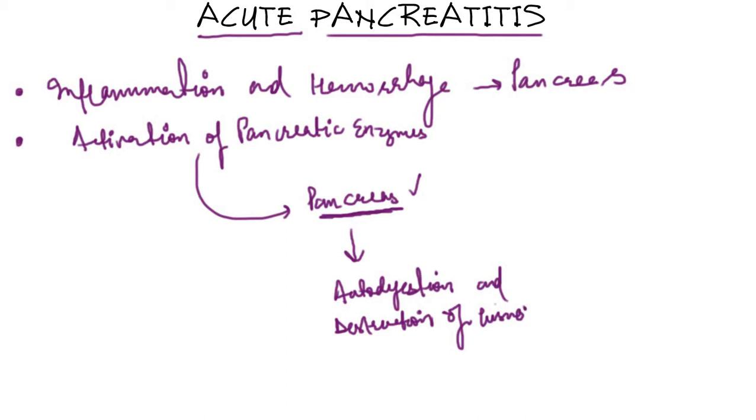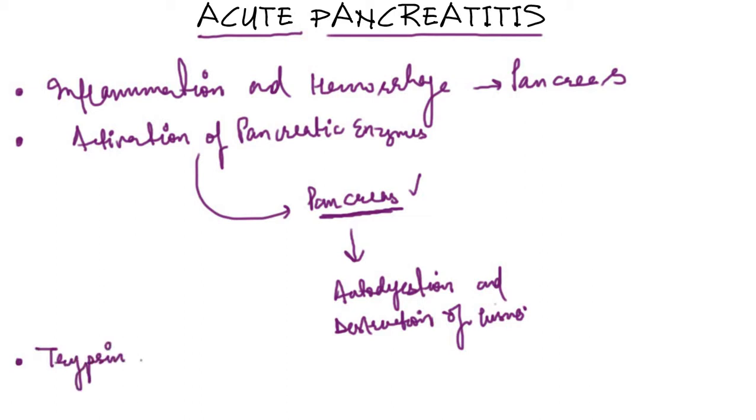So again, acute pancreatitis is a condition in which there occurs inflammation and hemorrhage within the pancreas, and this is entirely due to the activation of the pancreatic enzymes, which cause autodigestion and destruction of the tissues. The most important enzyme in this context is trypsin.